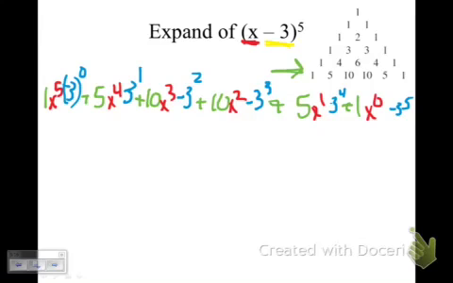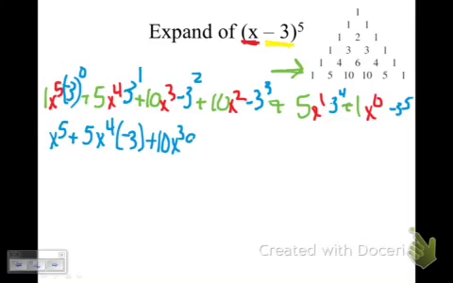Now I do a little math here. Negative 3 to the 0 is just 1, so this is just x to the 5th. This is 5, x to the 4th. Negative 3 to the 1st is negative 3. This is 10, x to the 3rd. Negative 3 squared is 9. This is 10, x squared. Negative 3 to the 3rd is negative 27.